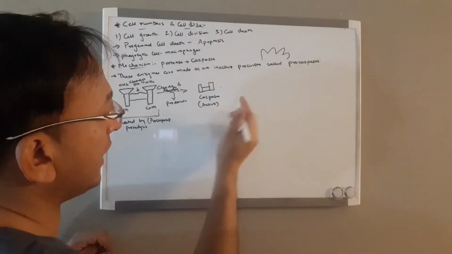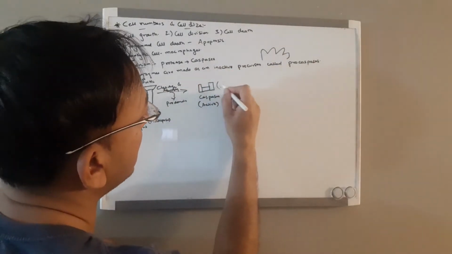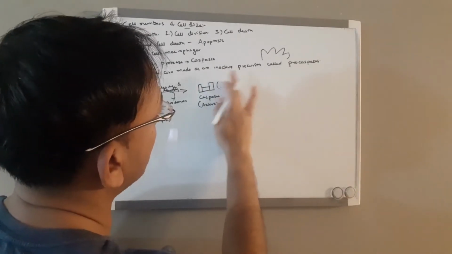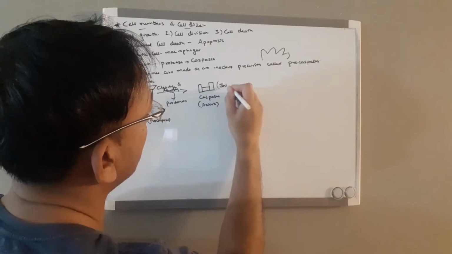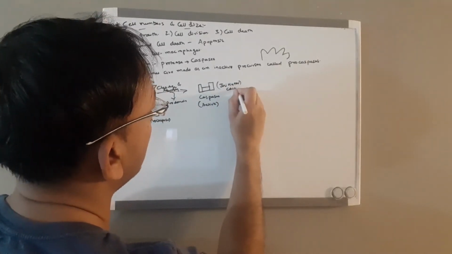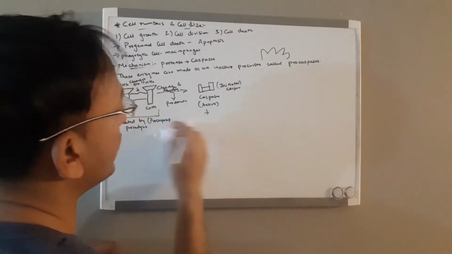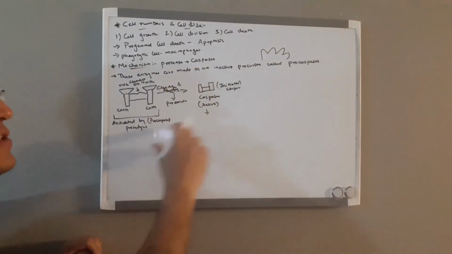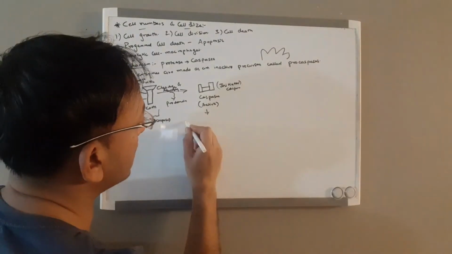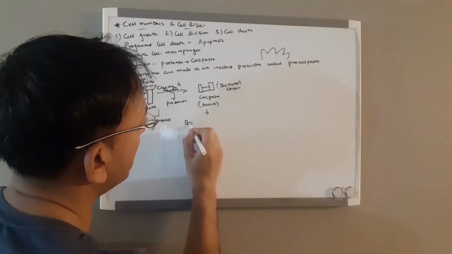For example, this is active and this is known as our initiator caspase, and this initiator caspase will activate other procaspases that will in turn activate more caspases.